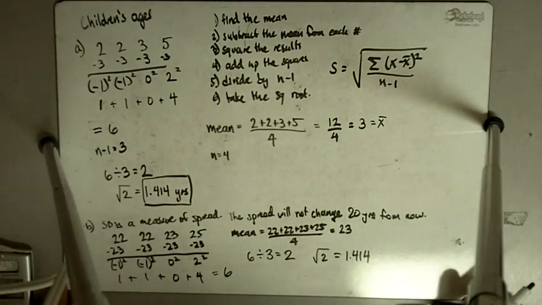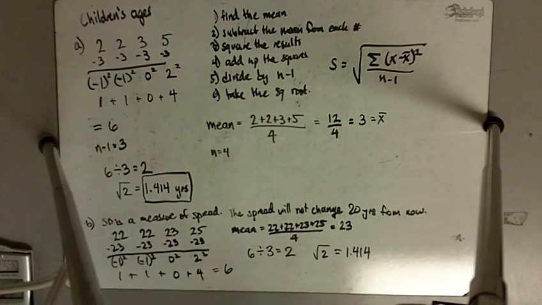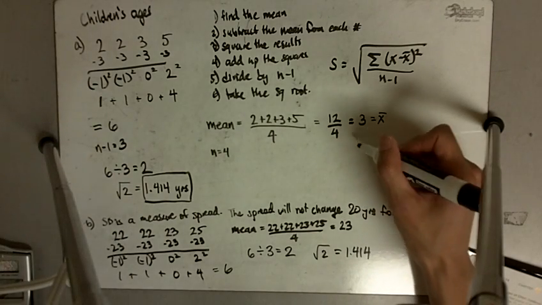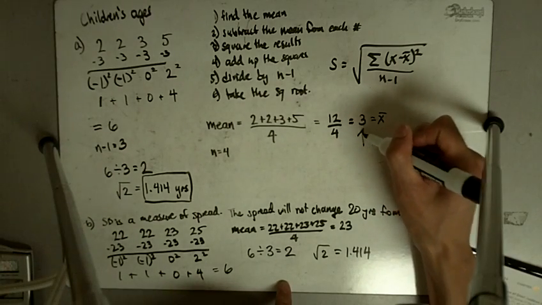Now, I guess I had the thing not centered in the camera, but I think you were all able to see the steps. Okay, and it says, find the mean of the children at their current ages. Well, we did that. The mean of the children at the current ages is 3.